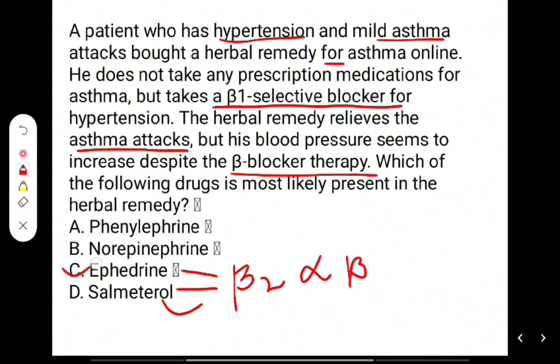Therefore, it will cause the increase in blood pressure. Phenylephrine is a non-selective alpha agonist, so no bronchodilation. It cannot be used in treatment of asthma. And norepinephrine is a non-selective adrenergic agonist and it has no stimulatory effects on beta 2.